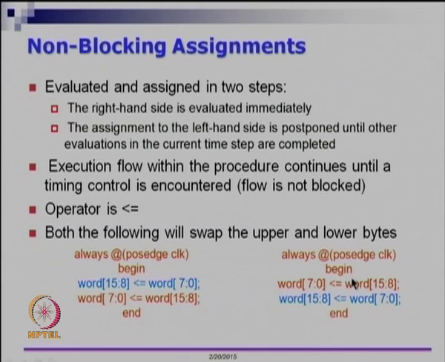I start from line 1, I look at line 2, I am at the end of the block. I have evaluated everything on the right side. I go and do all the assignments required for the left side. The requirement for the left side is, 7 colon 0 needs the previous value of 15 colon 8 and 15 colon 8 needs the previous value of 7 colon 0, because that is the meaning of this non-blocking assignment.